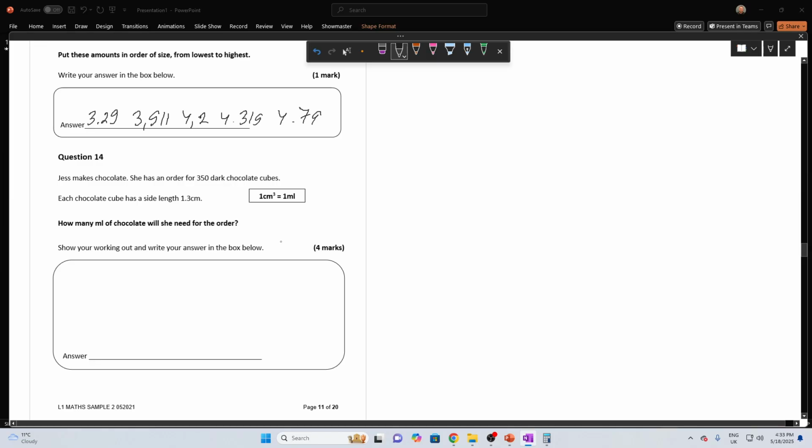So how do we calculate the volume? A cube has equal sides.